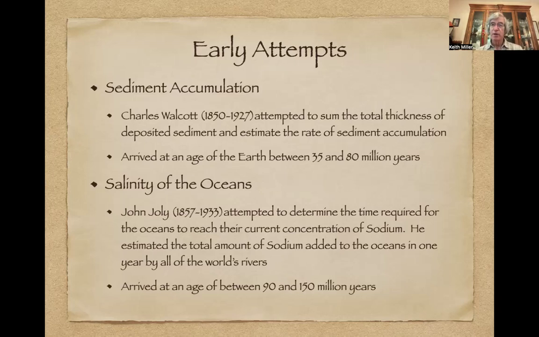And then basically assume a certain rate of sediment accumulation based on modern observations and coming up with some number. So you have a thickness, and then you have an estimated rate, and that gives you a date, right? And so he came up with numbers somewhere between 35 and 80 million years.